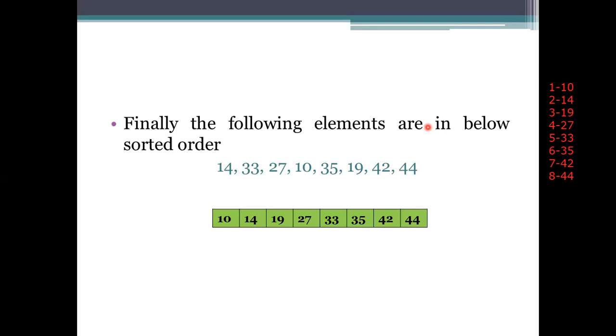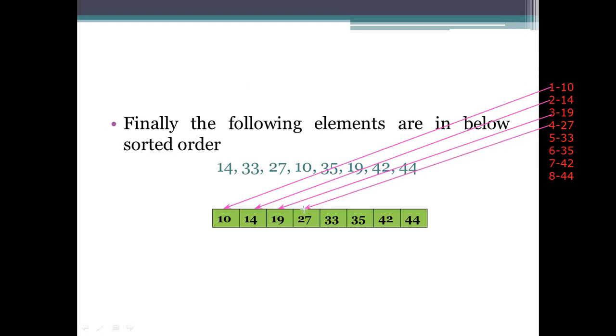We need to see whether they have reached their correct positions or not. So here just see, the first element here is 10. It has been placed in the first position. The second element here is the 14, placed in the second position. The third element is 19. We need to compare the positions we are having, and whether it has been placed in the correct order or not here. 33 here, and then 35, and then 42, and then 44.